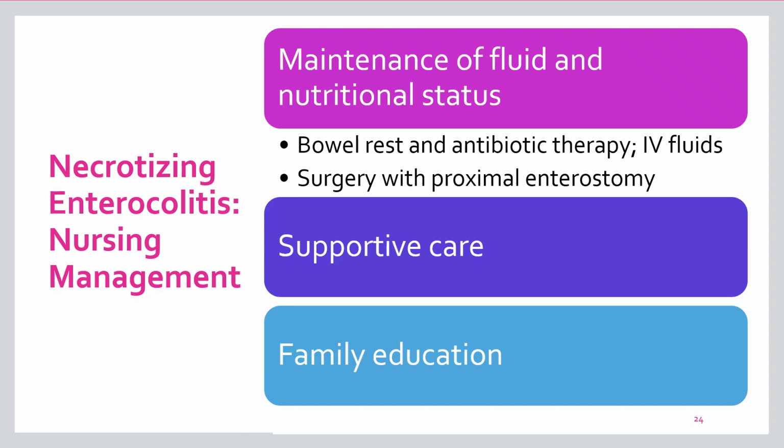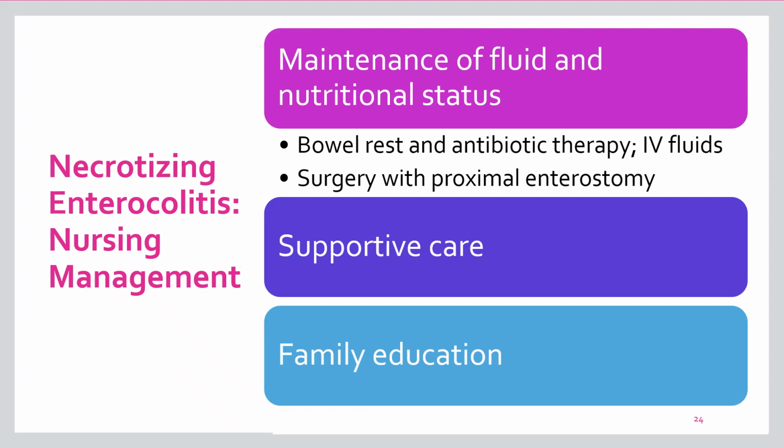In some cases they have to remove the area which is necrotized, meaning ischemic, that part is not good. Or sometimes they have to create an ostomy, like a colostomy, for the baby.